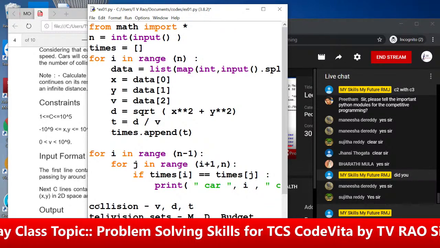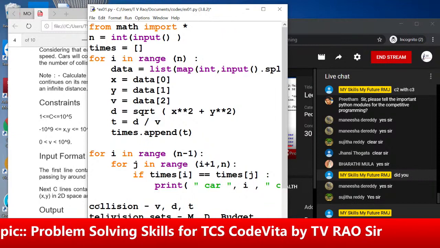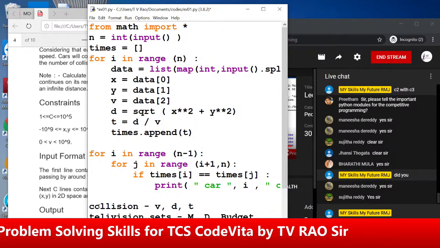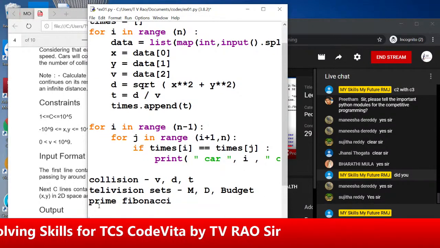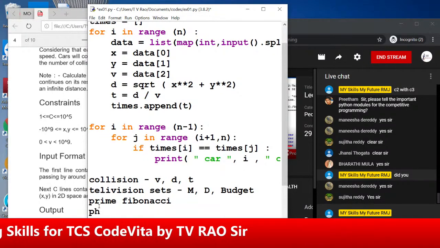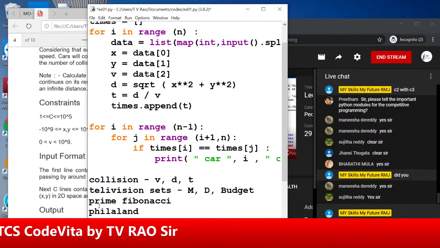Okay, so far we solved 4 problems. Yesterday we did prime Fibonacci, and we did fill a land problem. Now there are two more problems. One is lazy student.